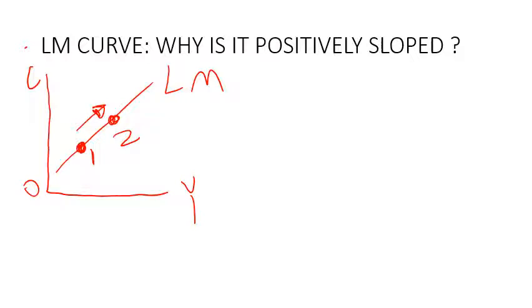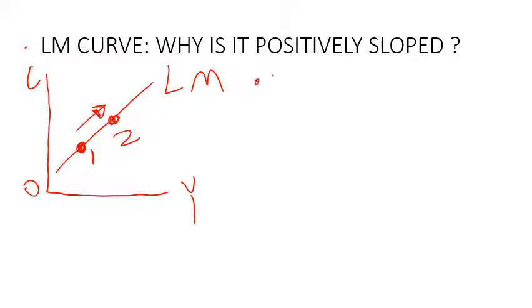Changes in GDP change the interest rate. All right? Okay. And keep in mind that the LM curve is the summation of the money market. So, why is the LM curve positively sloped?